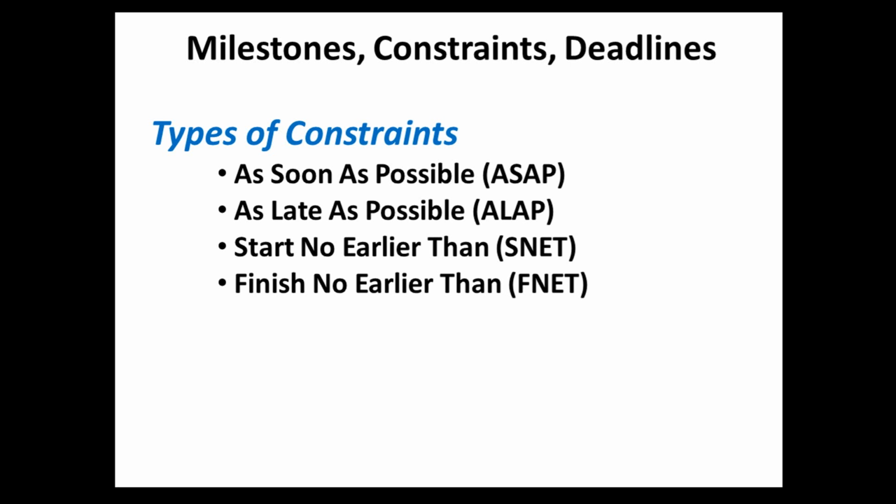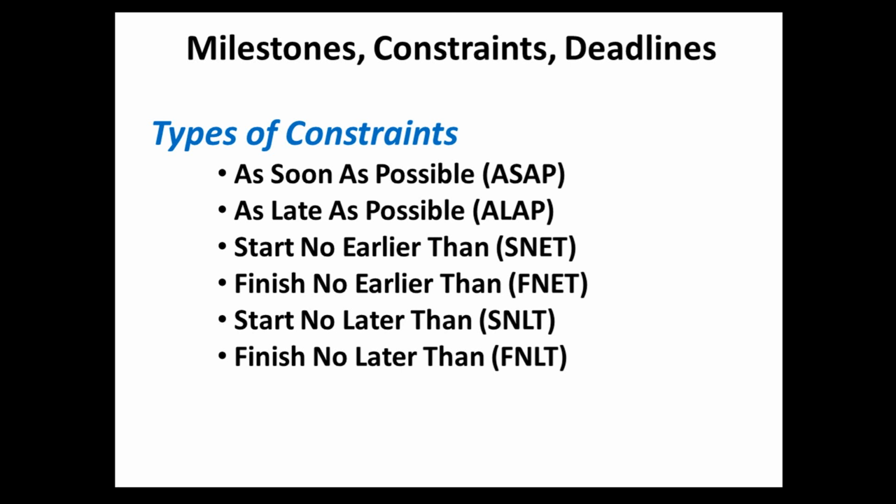Finish no earlier than schedules a task to finish on or after a specific date. Start no later than means that we schedule a task to start no later than a specific date. Finish no later than, when we set this constraint, we schedule a task to finish on or before a specific date.